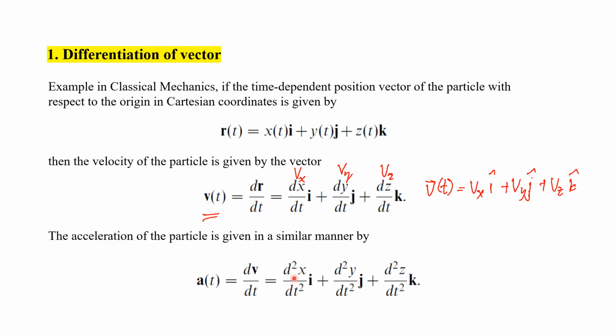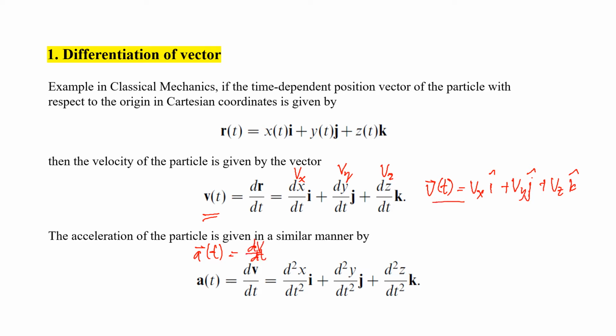That is d²x/dt² i plus d²y/dt² j plus d²z/dt² k. As you see, it's the second time derivative of the position vector, but it's just the first derivative of your velocity vector. So your vector a(t) is just dv/dt.